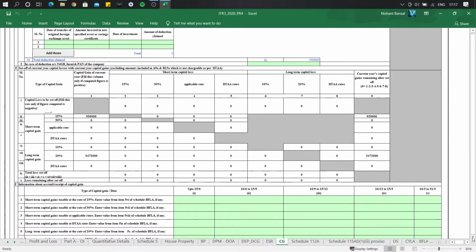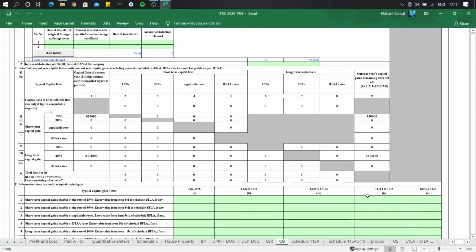Now there is a small point, but yet an important one, which I am going to discuss now. We have to mandatorily fill table F, that is information about accrual or receipts of capital gain. You can see certain dates mentioned here. It is just for the sake of collection of advance tax.